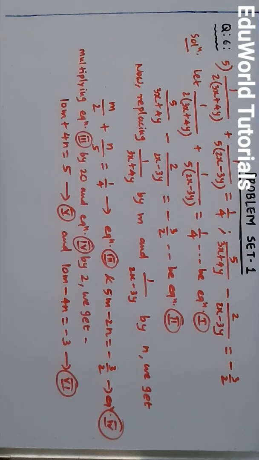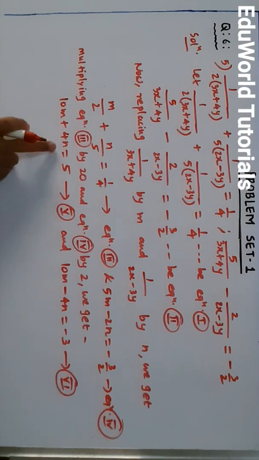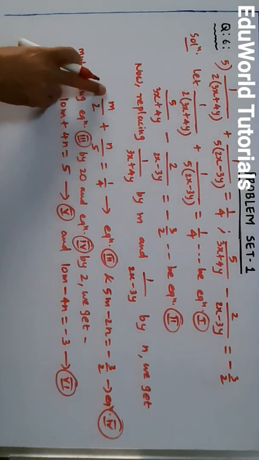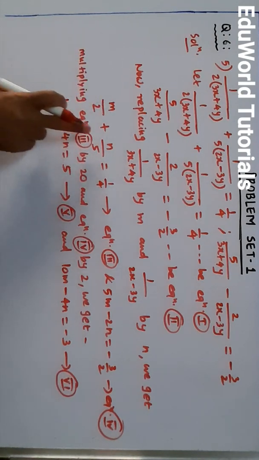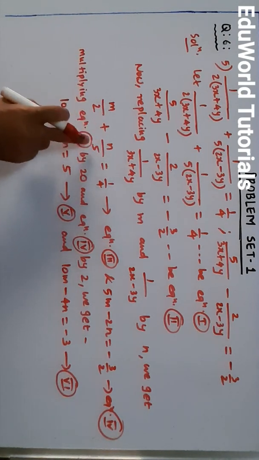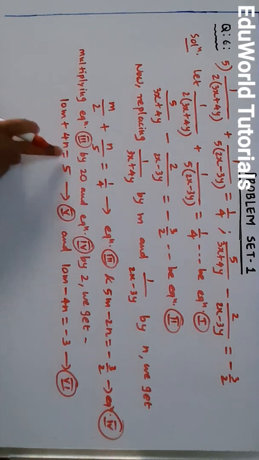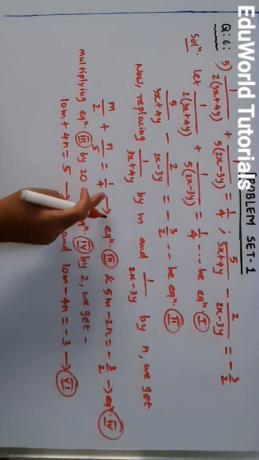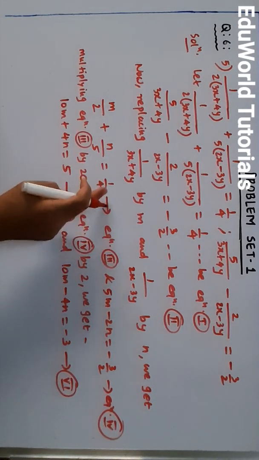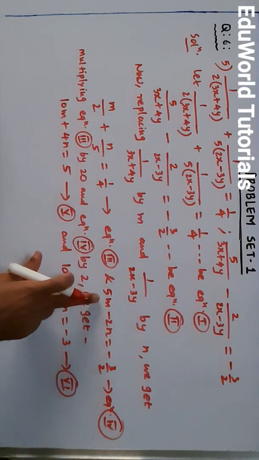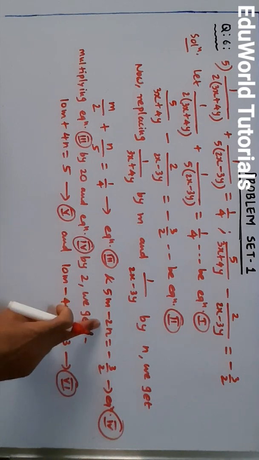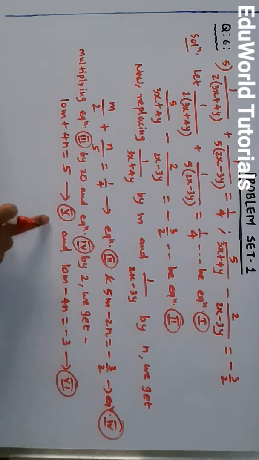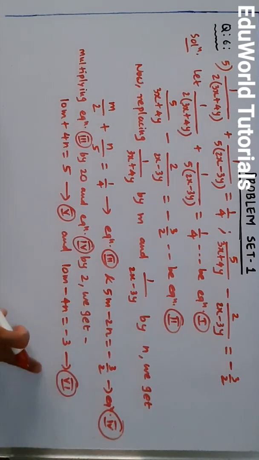We get 10m plus 4n equal to 5, because 2 tens are 20, so 10m; likewise 20 into n by 5, 5 fours are 20, so plus 4n; and on the right side, 4 cancels with 20, 5 times 1, so I have 5. Similarly, this equation is multiplied throughout by 2, so we get 10m minus 4n equal to minus 3. These are the two new equations, equation number 5 and 6.